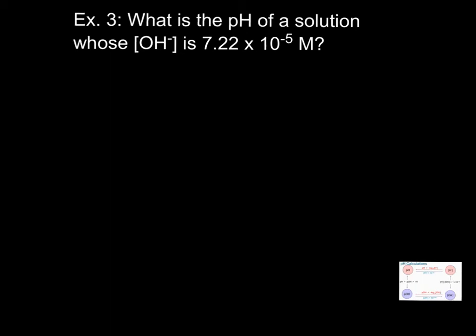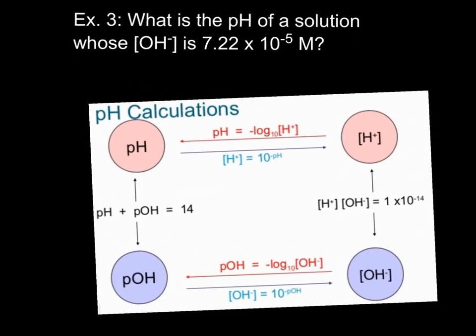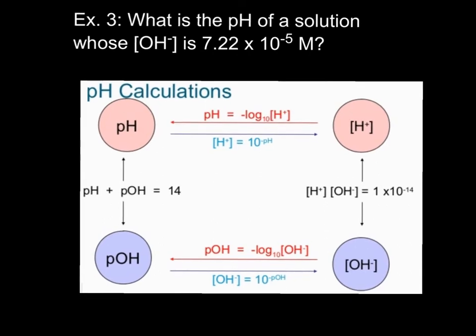Okay, if we take a look here, we are asked now to solve the pH of a solution whose hydroxide ion concentration is 7.22 times 10 to the negative 5th molar. So we are here at the hydroxide ion and we have to get over to pH. So we have one of two directions to go.